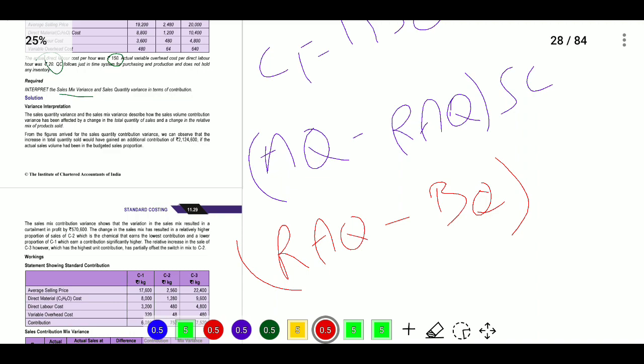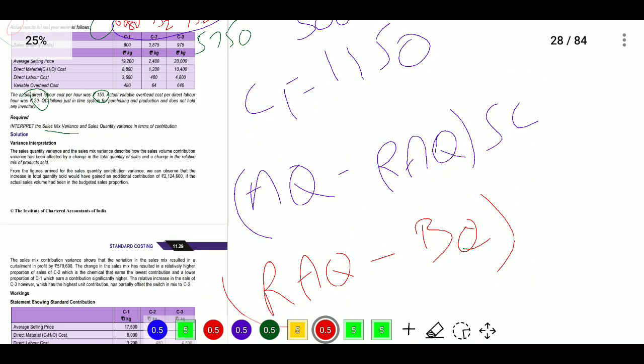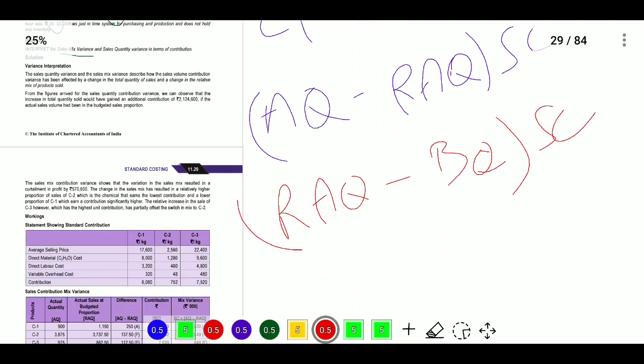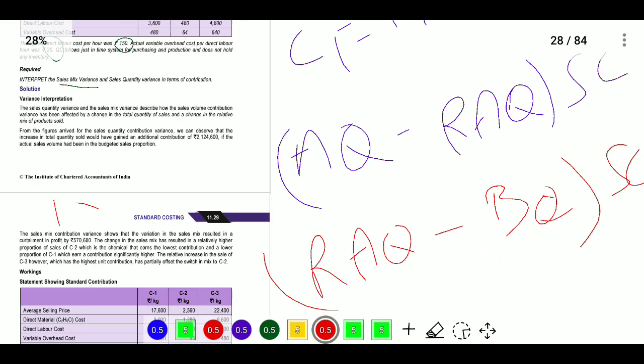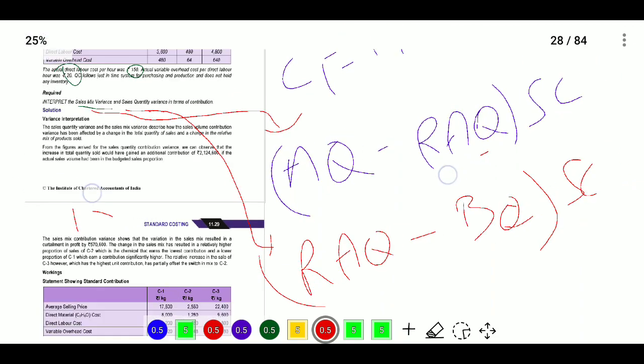Which contribution will we take? We will take the standard contribution. We will get both answers which we require. For sales mix variance we do actual quantity minus revised actual quantity, and for sales quantity variance in terms of contribution, revised actual quantity minus budgeted quantity. So we will get the answer.